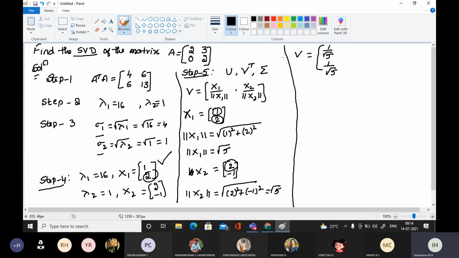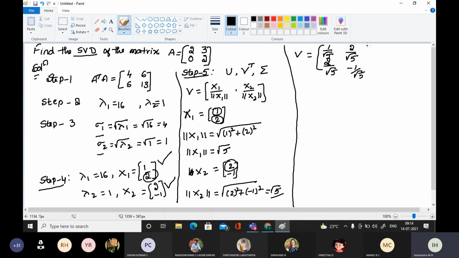Similarly x2 is 2 and minus 1, and the norm of x2 is root 5, so we get 2 by root 5 and minus 1 by root 5.